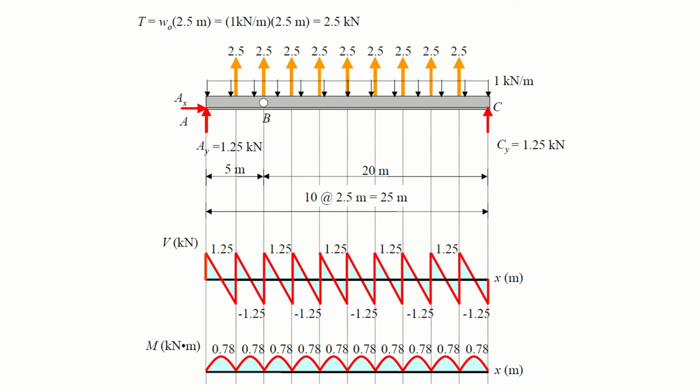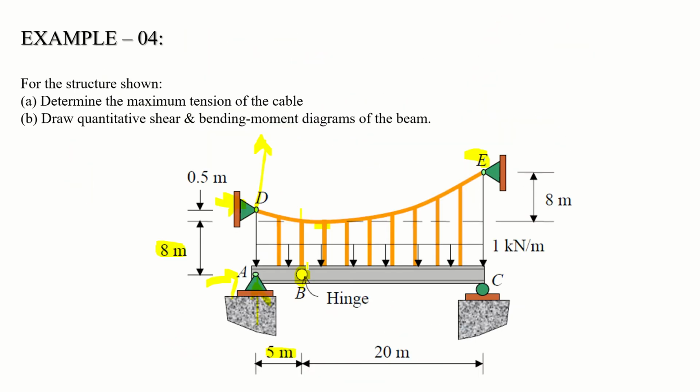Likewise, as you know that there are 9 hangers. Let's count it: 1, 2, 3, 4, 5, 6, 7, 8, 9. So if there are 9 hangers, then there are 10 spacings. For example, this is one spacing, 2, 3, 4, 5, 6, 7, 8, 9, 10, right?